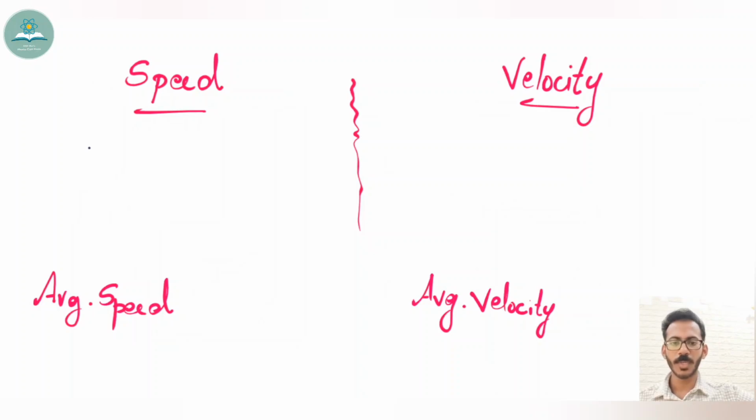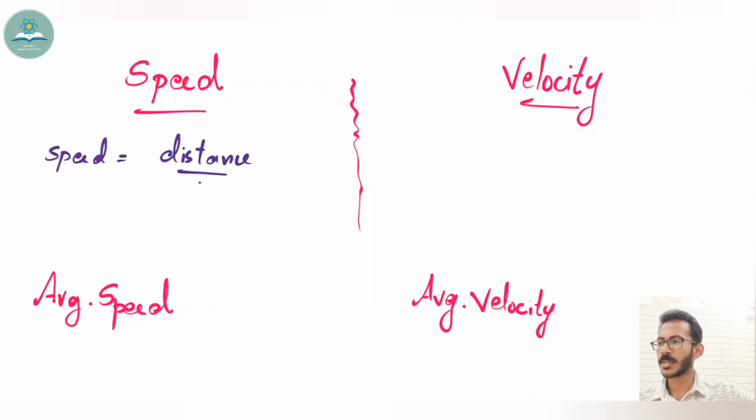Now we'll discuss speed and velocity. The equation for speed is distance divided by time. Speed is distance by time. Velocity is equal to displacement by time.